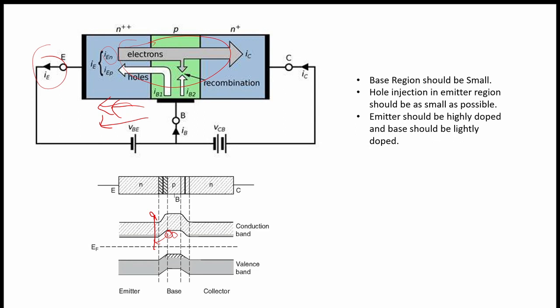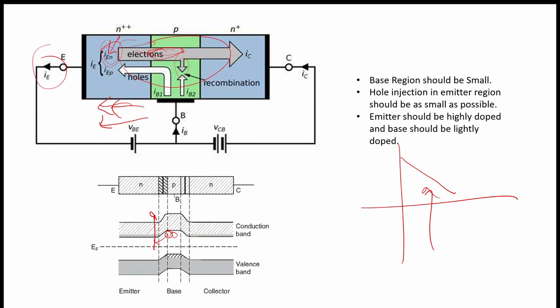So this current component IEN is also reducing here. These are the flow of the electrons, and they are reducing because of the recombination, as in the profile of the excess carrier concentration that we have seen. That profile is like this, and this is because of the recombination.